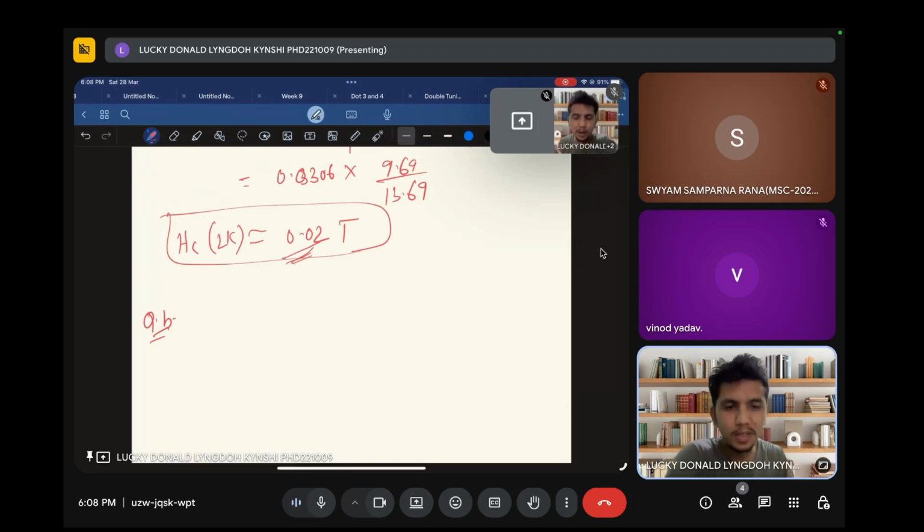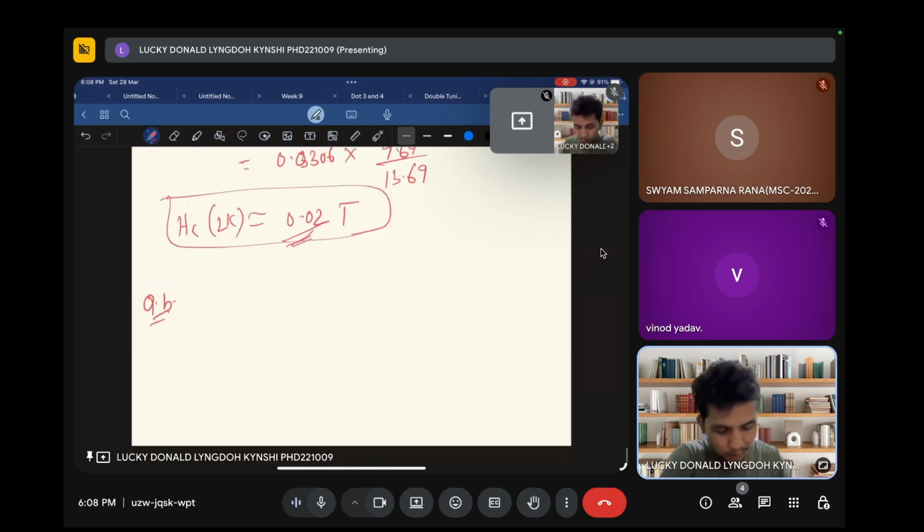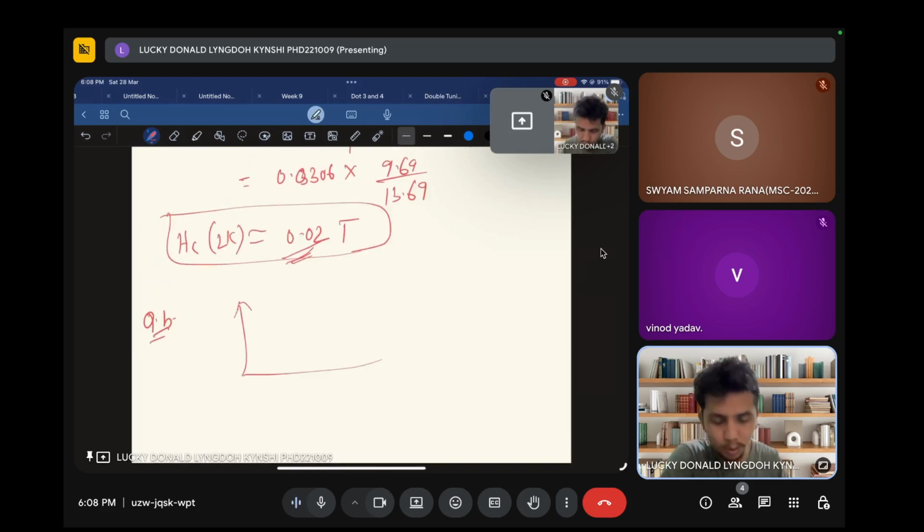Here, let me just draw a graph so that it will be easy. Suppose you have a distance x on one axis and the magnetic field on the y-axis. You apply a magnetic field to a superconducting material with distance x.